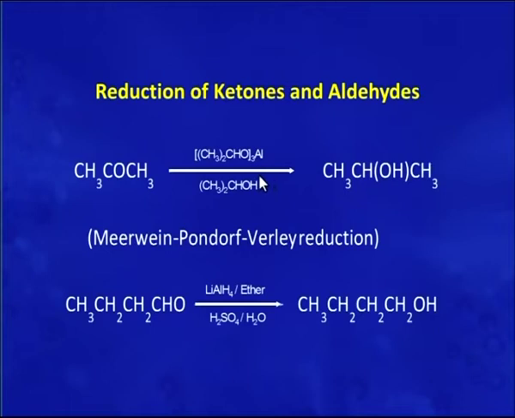The reducing agent used here is aluminum isopropoxide in presence of isopropanol. In the second case, we are using butanal, an aldehyde which upon reduction forms normal butanol. The reducing agent used here is lithium aluminum hydride followed by acidic hydrolysis.